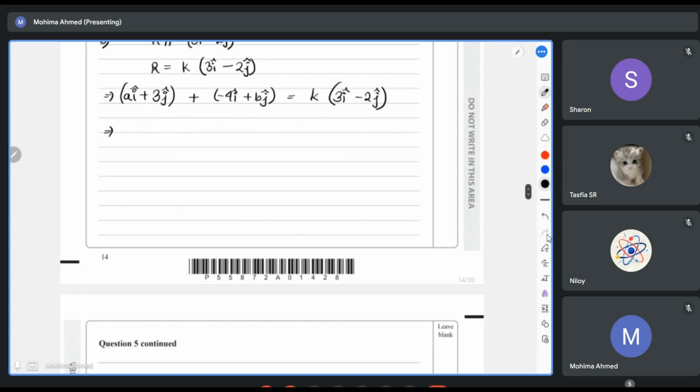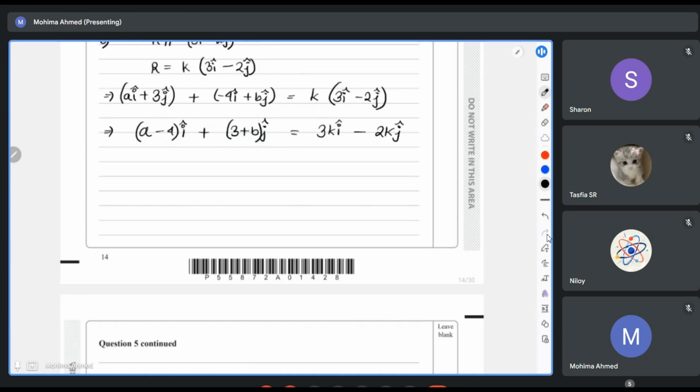For example, you now have A minus 4 i, right? And then 3 plus B j. That is equivalent to 3ki minus 2kj.